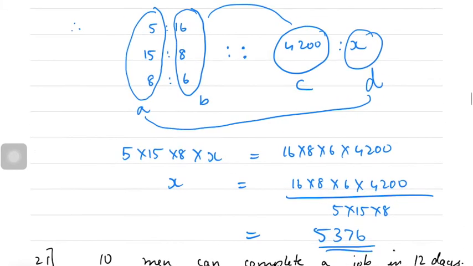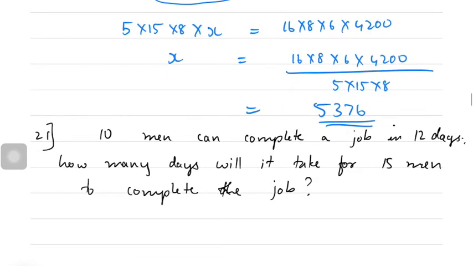Okay. Now let us see the next question. 10 men can complete a job in 12 days. How many days will it take for 15 men to complete the job? Now if there are more people, the work will get over quickly. If there are fewer people, it will take more time to complete the job. So one job, 10 men, it takes 12 days.